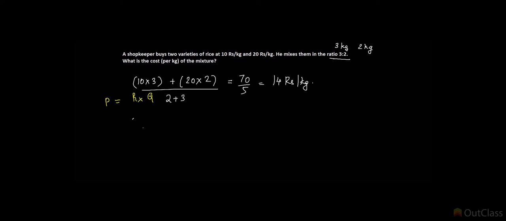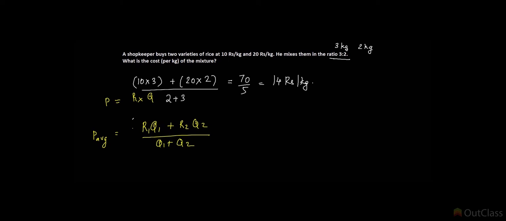So essentially what I've done here is there is a rate 1 for the first variety and the corresponding quantity 1, then rate 2 into quantity 2, divided by Q1 plus Q2. This is the average price. I'm just changing letters. It's the same formula, but I am writing in terms of rates.